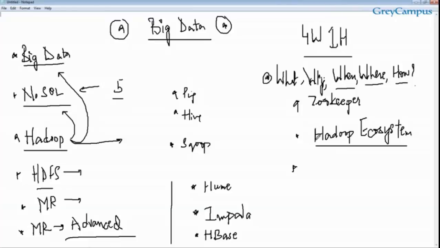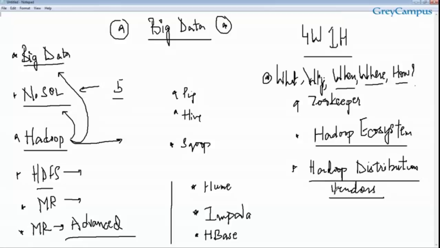Once this is done, I'll be talking about the different Hadoop distribution vendors. So we have something called Cloudera, MapR, Hortonworks. We'll talk in detail about them.